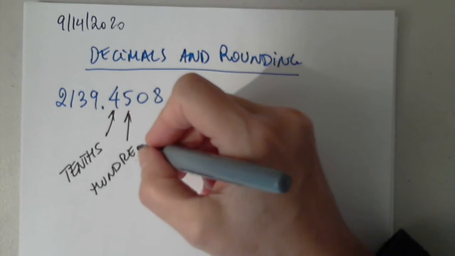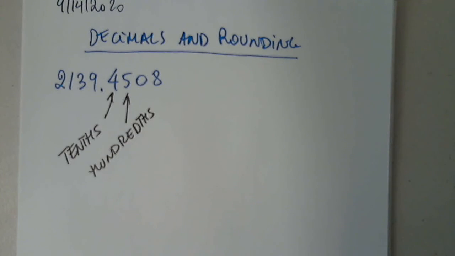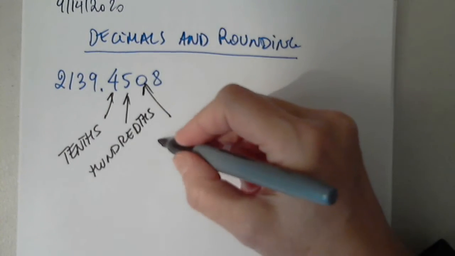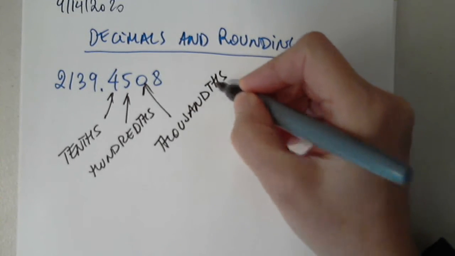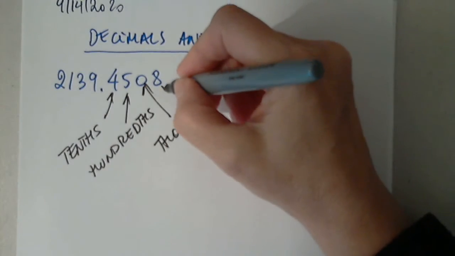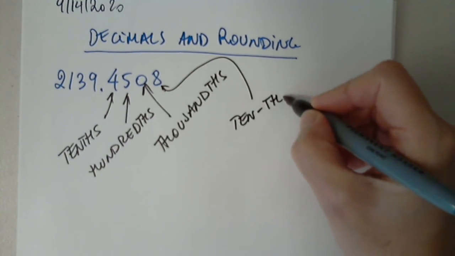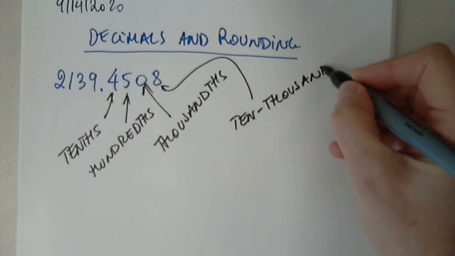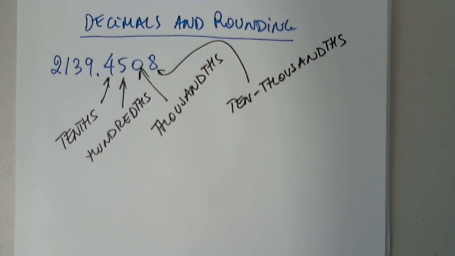Okay, hundreds. Well, Tyler is here. Wonderful. Thank you. Thousandth. And 10,000. So let's say we want to round this number.